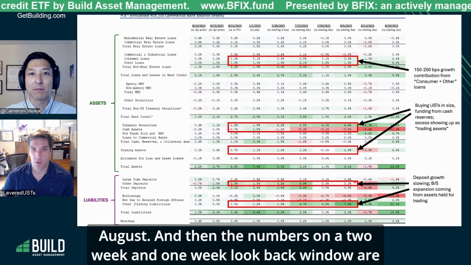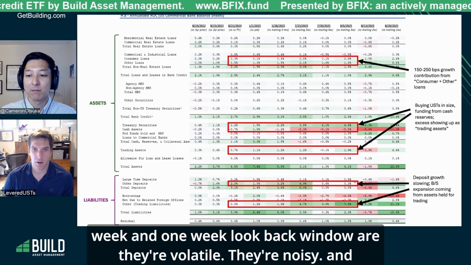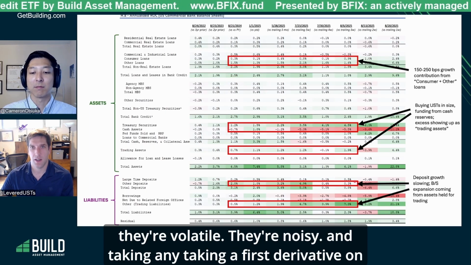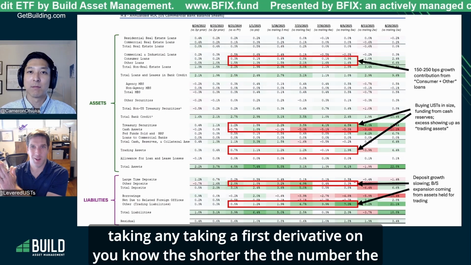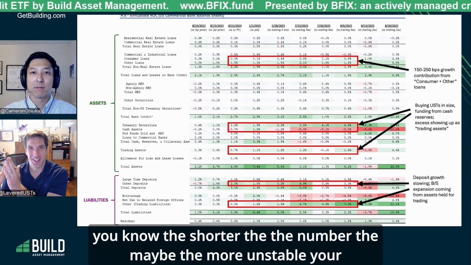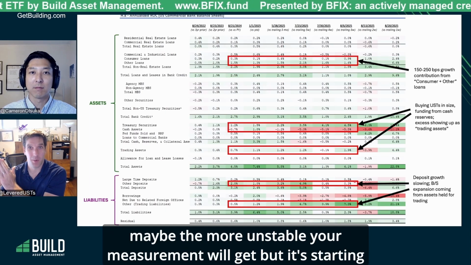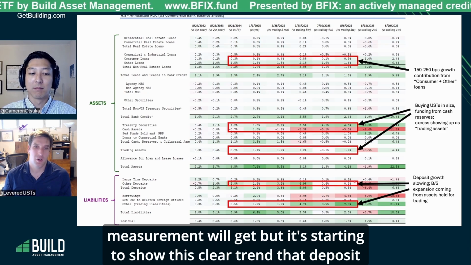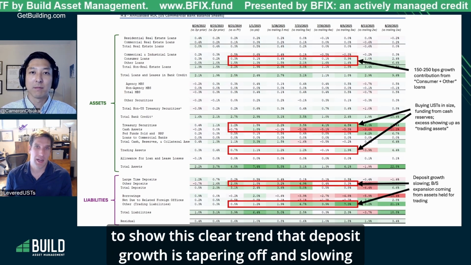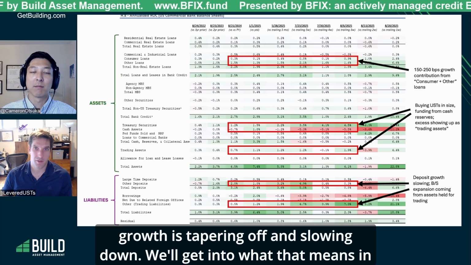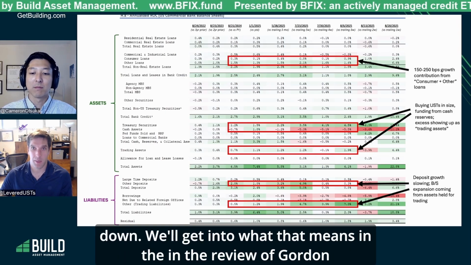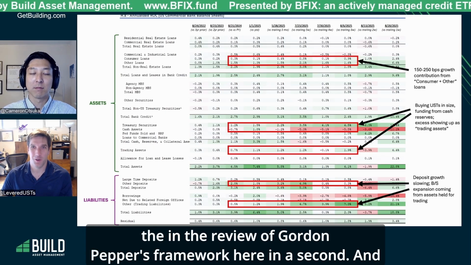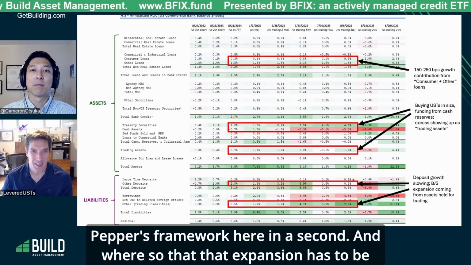And then the numbers on a 2 week and 1 week look back window, they're volatile, they're noisy, and the shorter the window when taking a first derivative, the more unstable your measurement may get. But it's starting to show this clear trend that deposit growth is tapering off and slowing down. We'll get into what that means in the review of Gordon Pepper's framework here in a second.